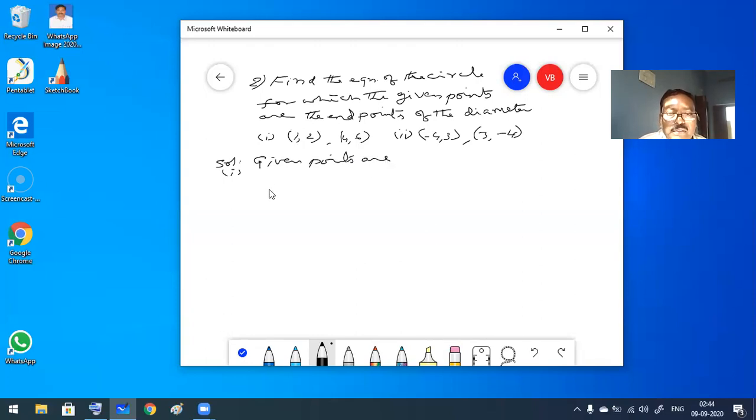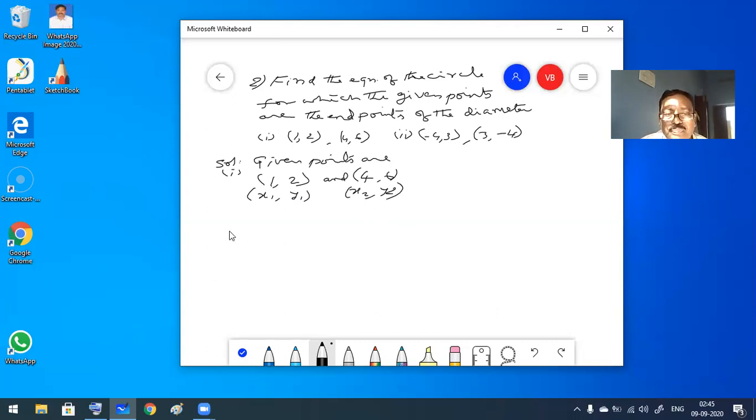Given points are 1 comma 2 and 4 comma 6. So this is x1 comma y1 and x2 comma y2.